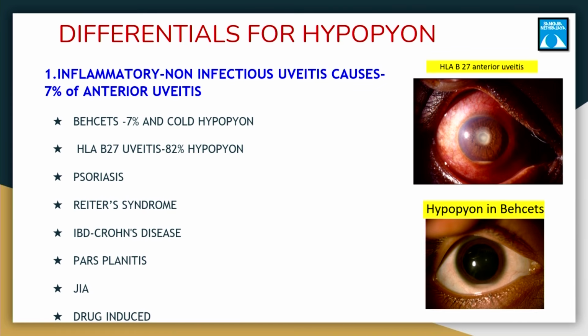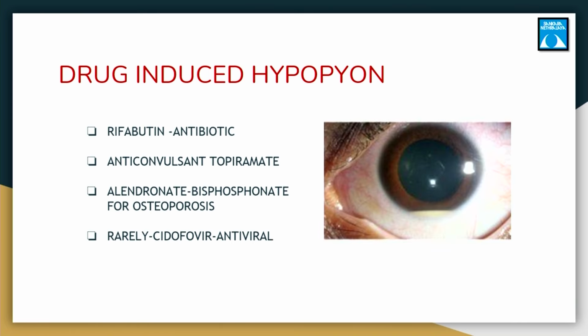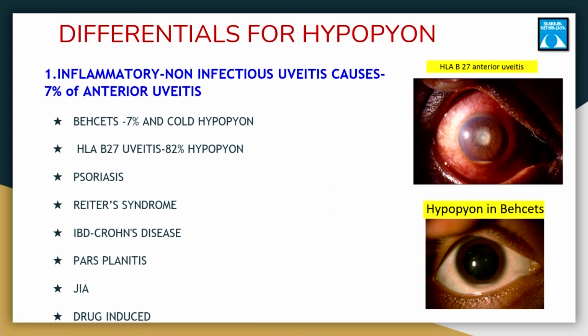It can also be drug-induced. The causes include rifabutin, an antibiotic used for Mycobacterium tuberculosis treatment, the anticonvulsant topiramate, a reaction to drugs like alendronate, a bisphosphonate used for osteoporosis treatment, and rarely antiviral drugs like cidofovir.